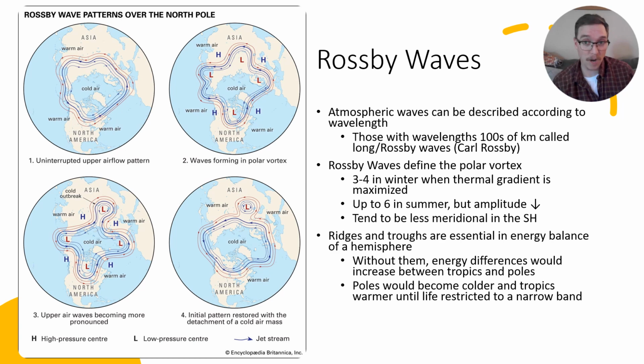The tropics would be progressively warmer until there was like a restricted, narrow little band of hospitable land for life to live in. So it's because the area around the equator would just continue to heat, that area near the poles would continue to chill, and the ridges and troughs are what bring that air down and bring it up and drive these kind of broader energy distribution and circulation patterns.